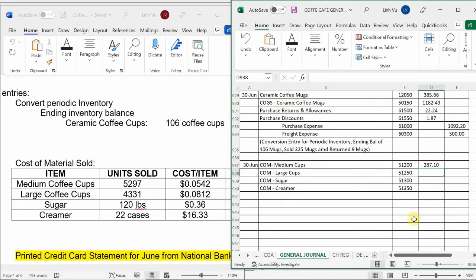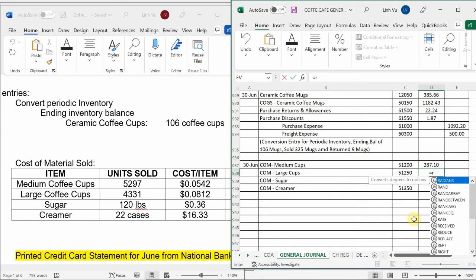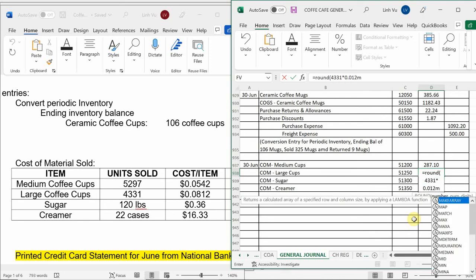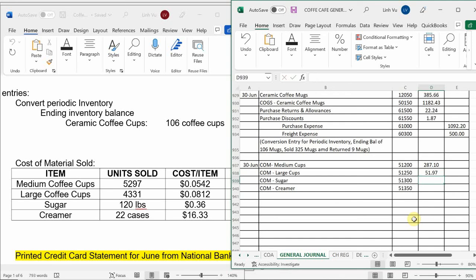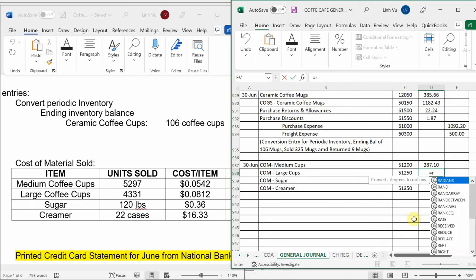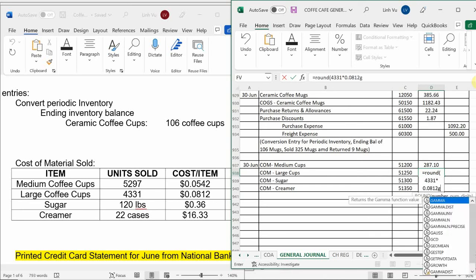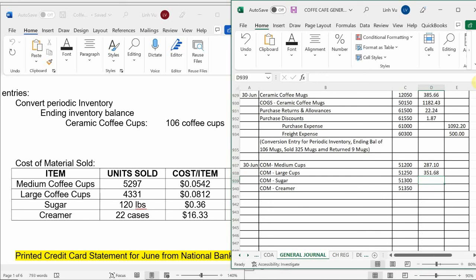Next one. If I sold 4,331 cups and my cost per item is 0.0812, that's 351.68.